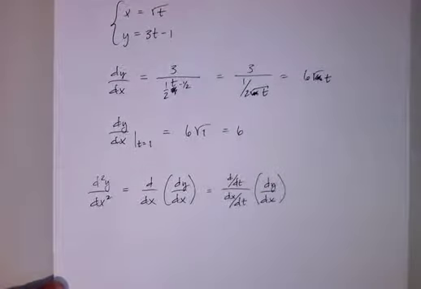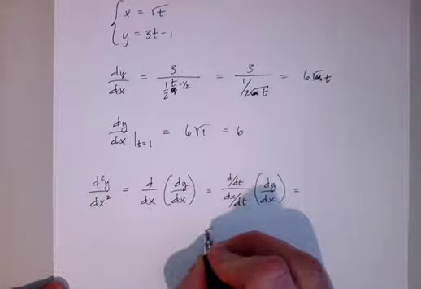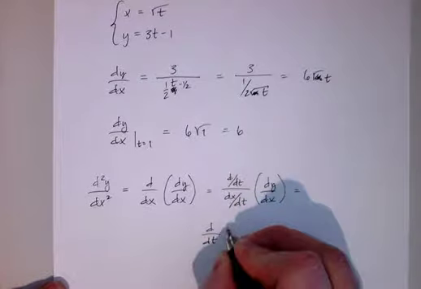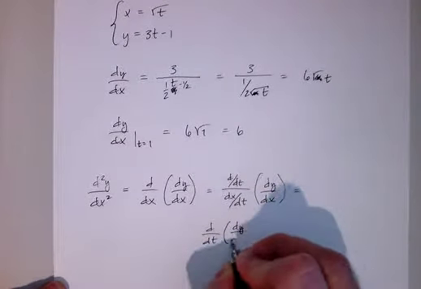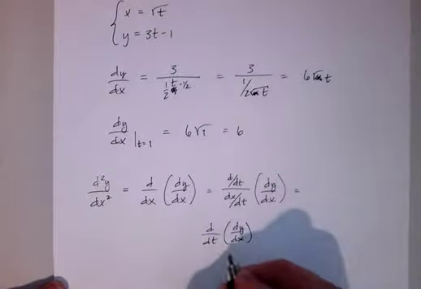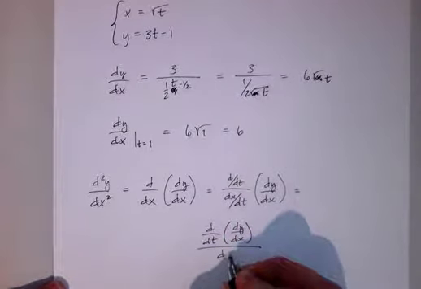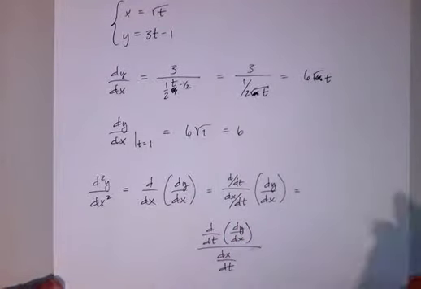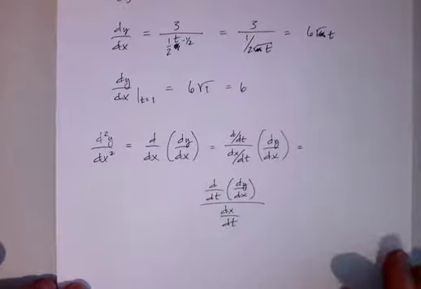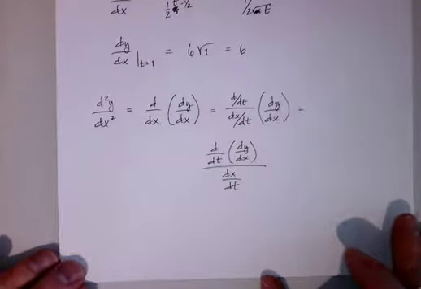And so what happens here is you need to take the derivative of your original dy/dx with respect to t, and then you need to divide it by a further dx/dt. So here's the thing.